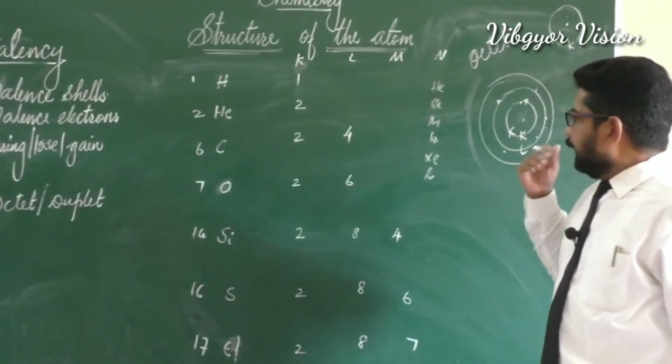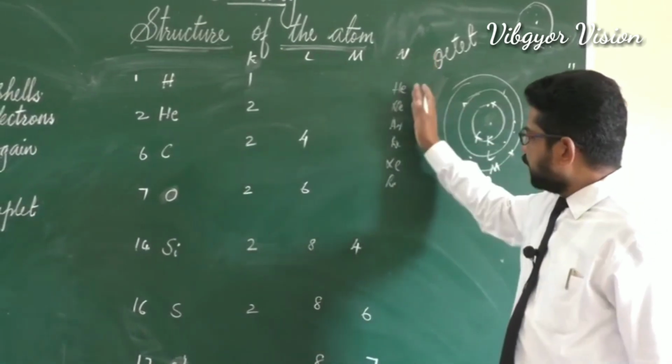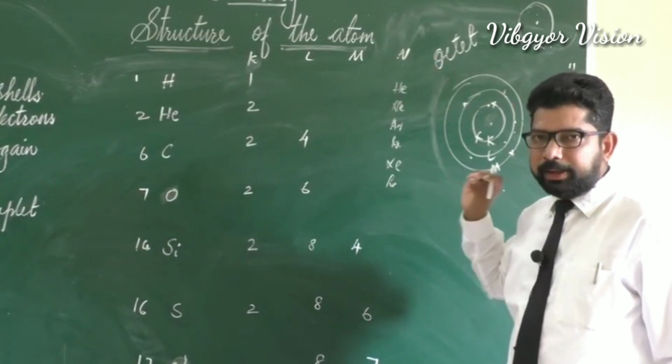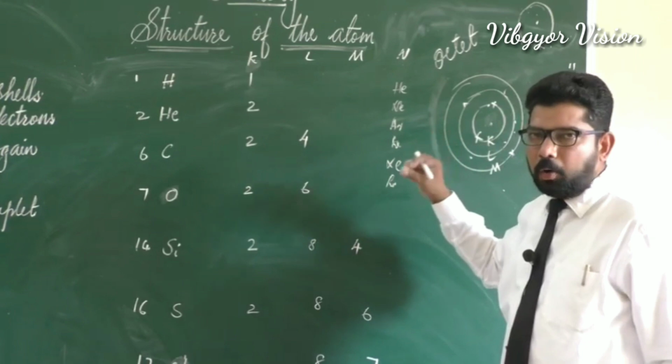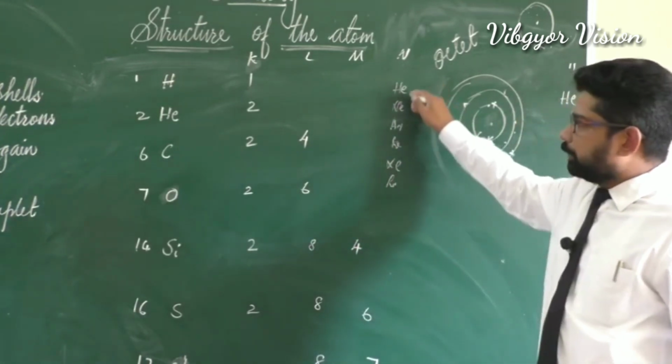All the remaining elements will try to attain either the octet or the duplet configuration. I hope these things are clear.